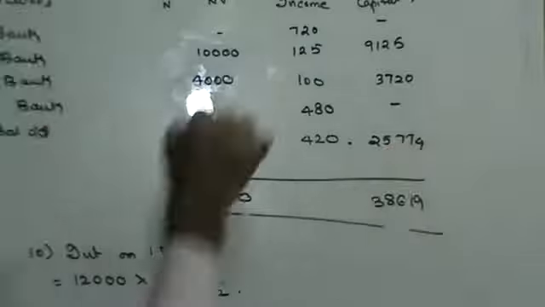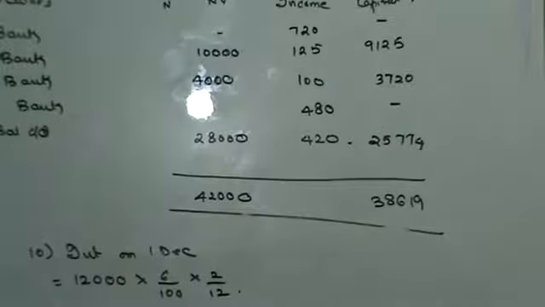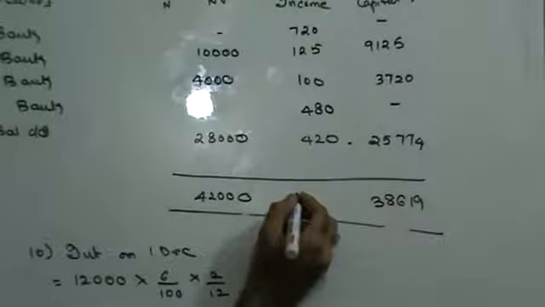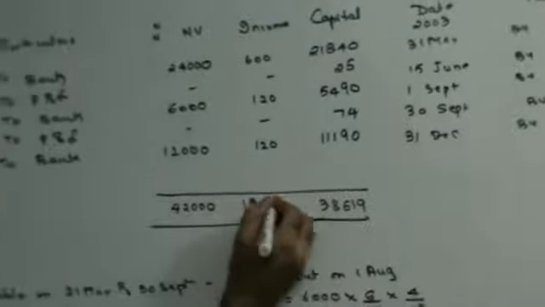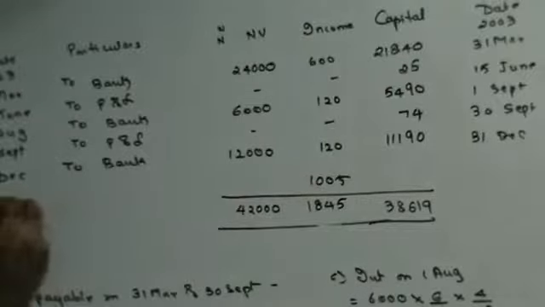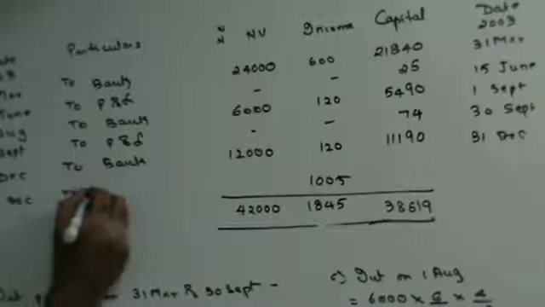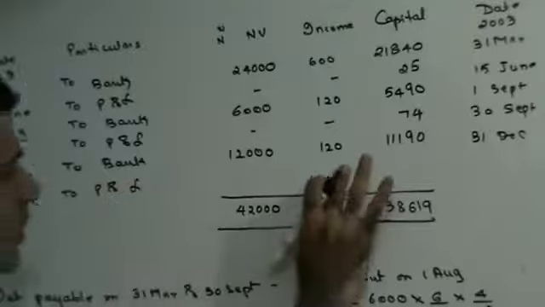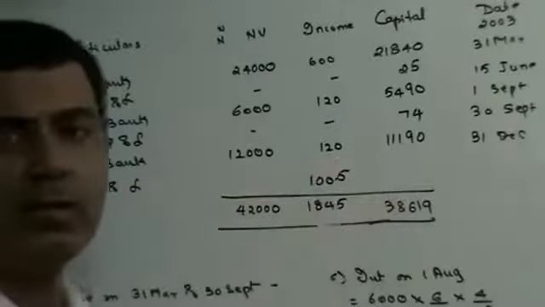Next, someone please add the credit side of income. 1845. Difference? 1,005. This is 31st December. That finishes that sum.